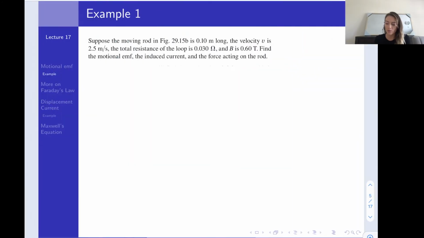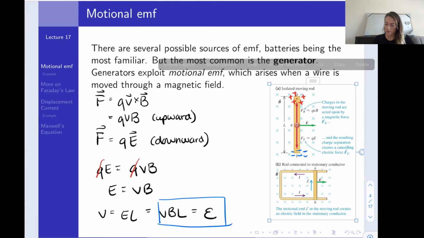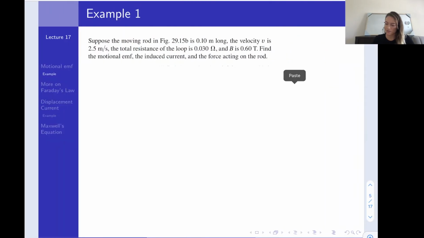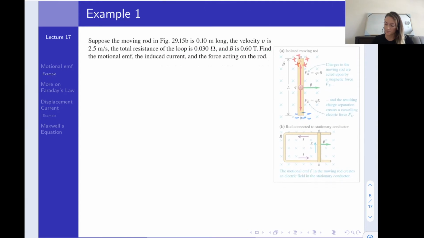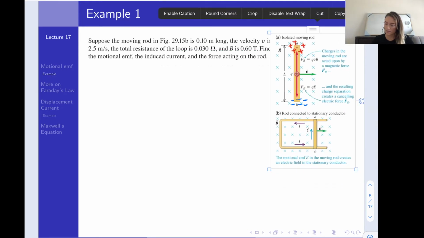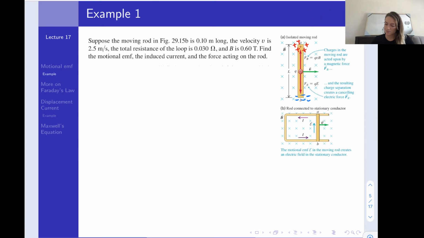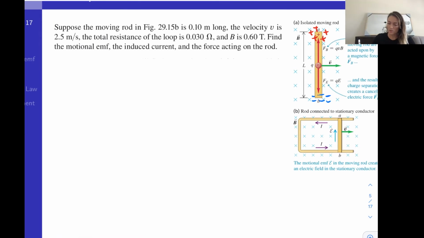So let's do an example with this motional EMF. So we have the exact same setup here, so this figure here. The rod in this figure is 0.1 meters long. So our length is 0.1 meters.